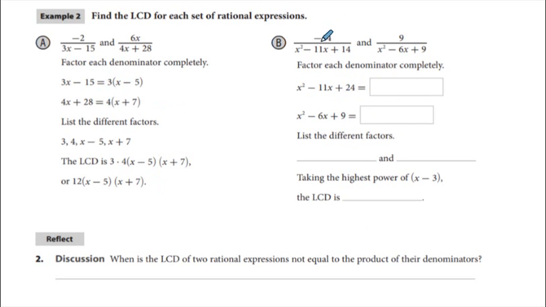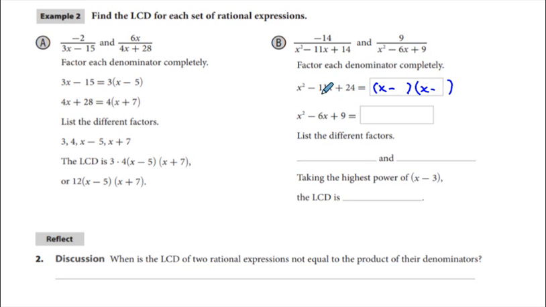We have negative 14 over x squared minus 11x plus 24, and 9 over x squared minus 6x plus 9. And to factor each of these denominators, for x squared minus 11x plus 24, we're going to have x and x. And then what we have, our middle term is negative, so we're going to have minus, minus.